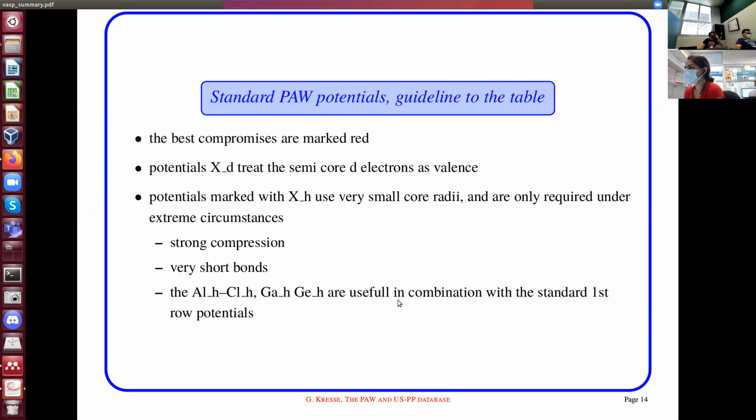So you see, for instance, potentials that are called nickel V, let's say, introduce also the d electrons as valence. The case of nickel is a bad example because in the case of nickel, d are already valence electrons.